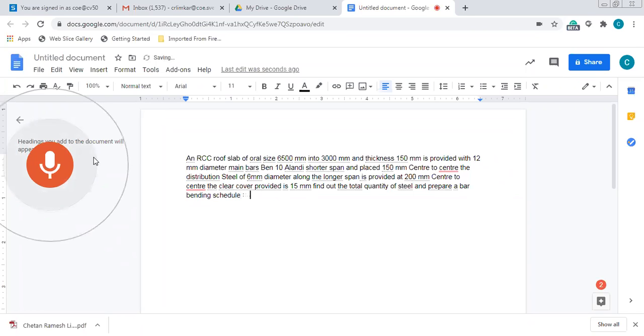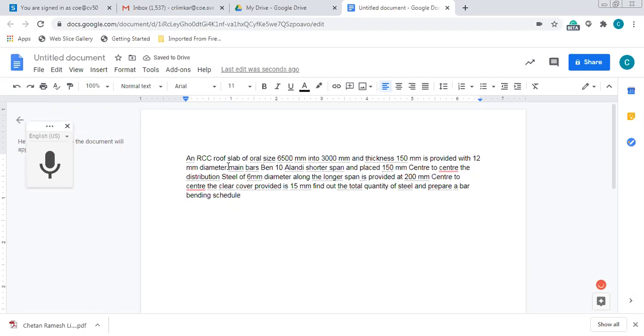Okay, so I will correct this. Whatever the problem is, it is helpful for us to write such a long descriptive problem directly by voice typing. I can write it down: an RCC roof slab of overall size, some words it does not take, but still you can type it.